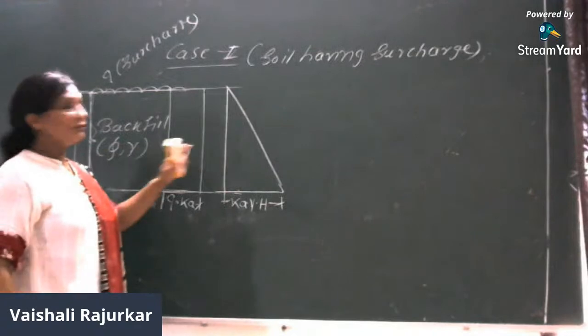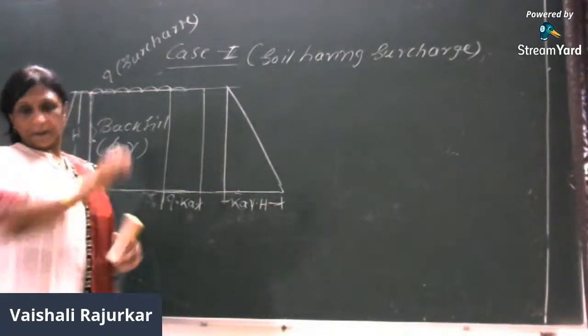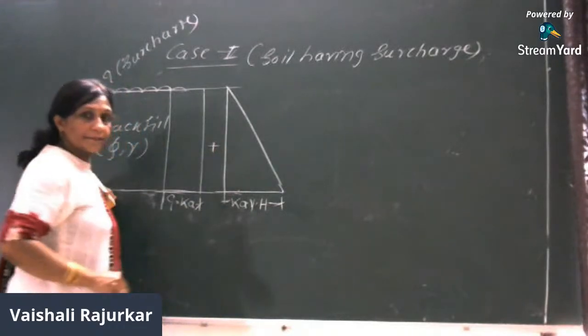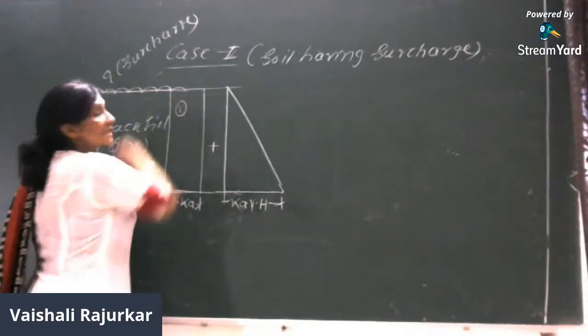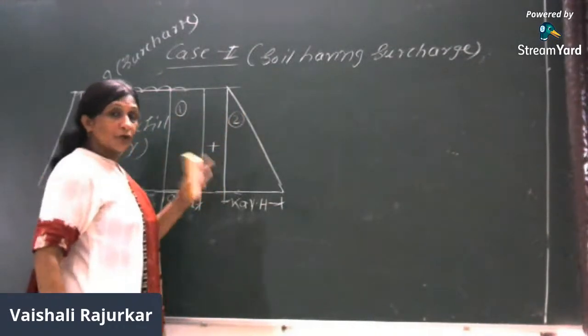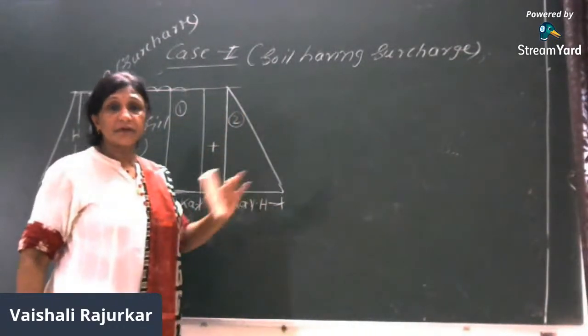Now what we'll do, we'll just combine these two diagrams. The first diagram is due to the surcharge and the second diagram is due to the backfill. Right? So what is the total pressure and where will it act?